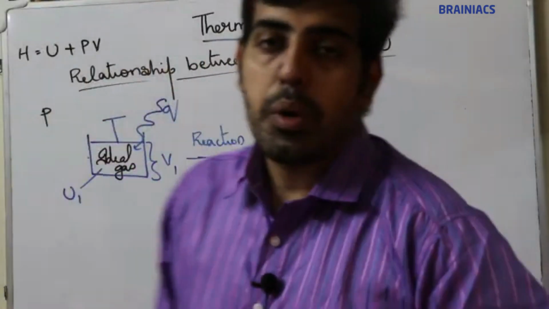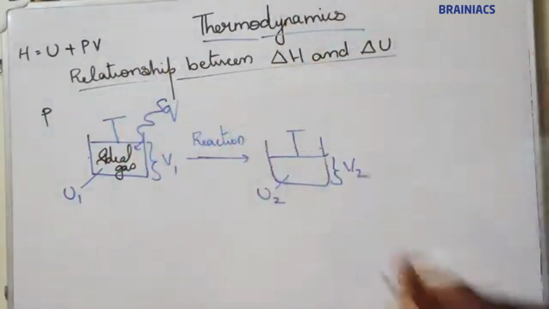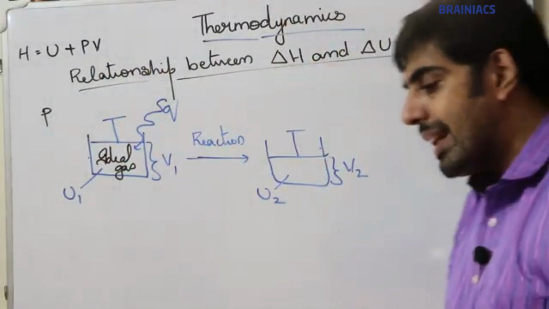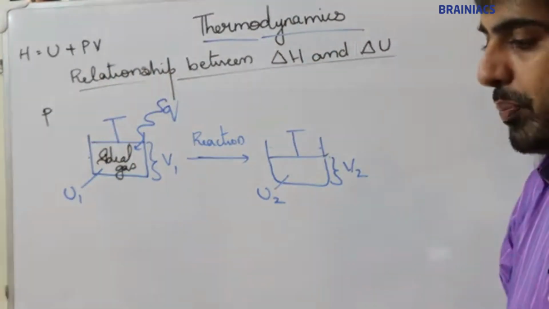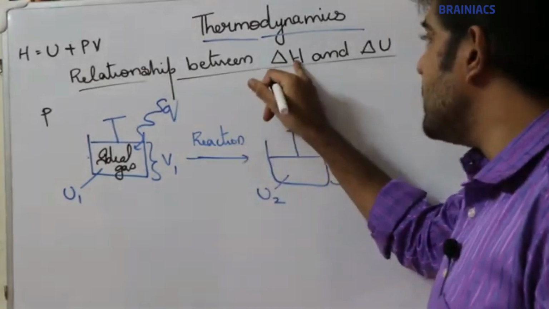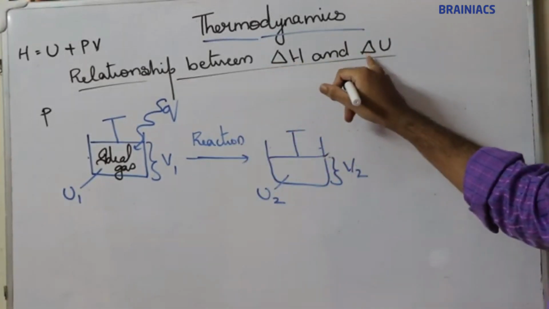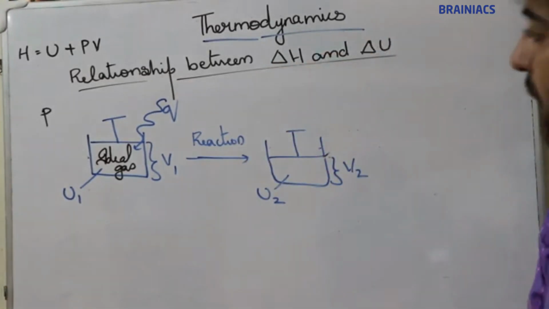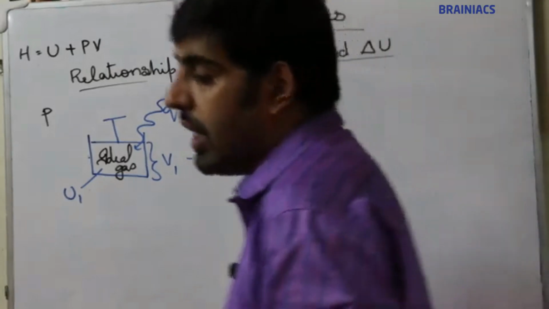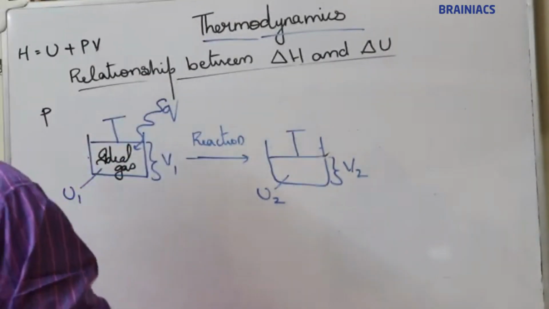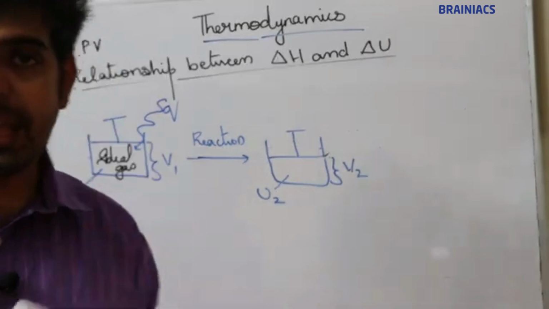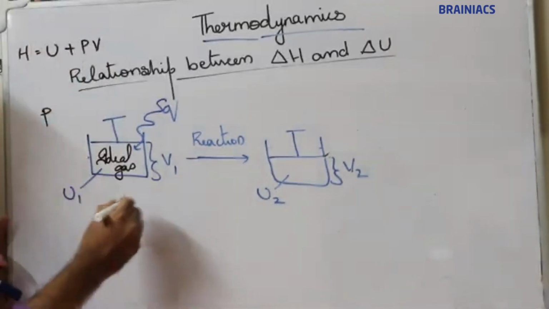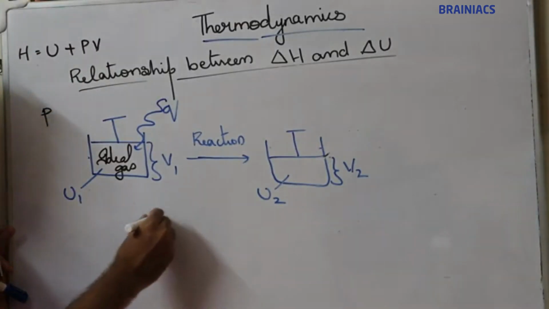Hi dear students. Moving on to the next topic, relationship between delta H and delta U. What is delta H? Change in enthalpy. And what is delta U? Change in internal energy. So we have to derive the relationship between delta H and delta U. Last class when we discussed enthalpy, we derived an equation relating delta H and delta U. What is that relation?